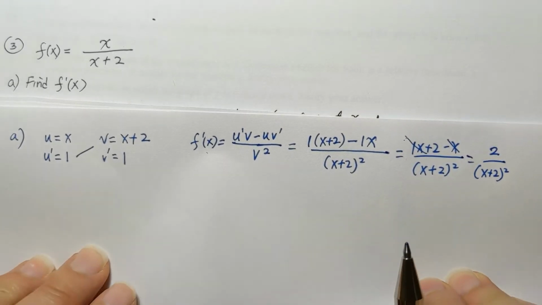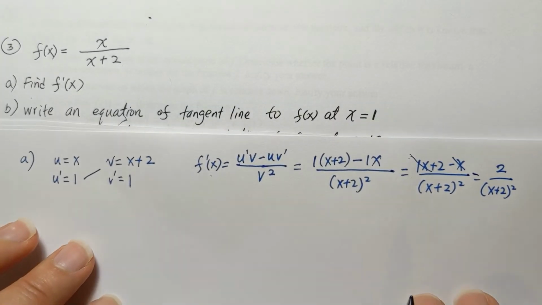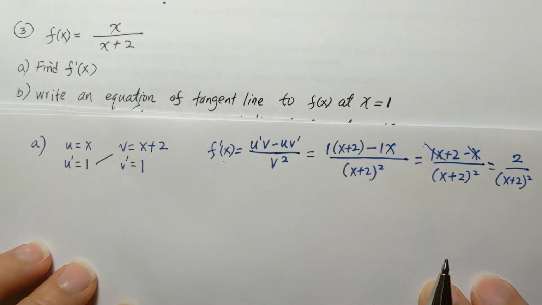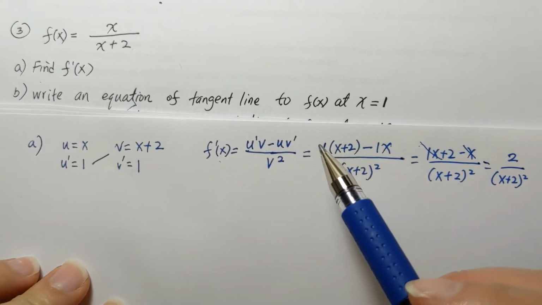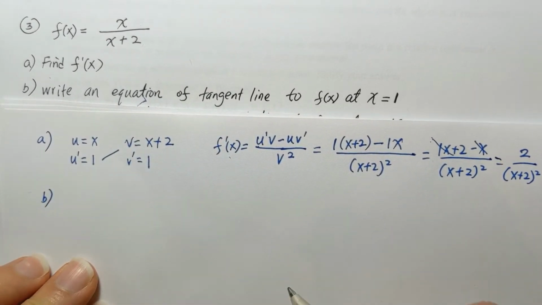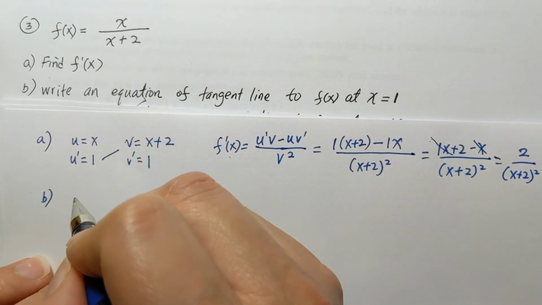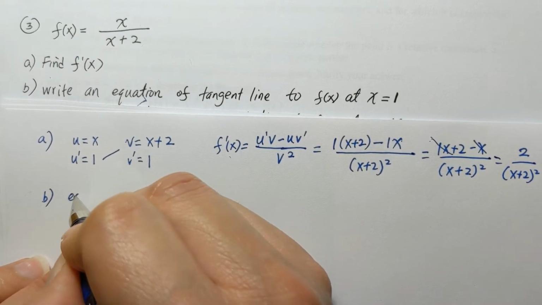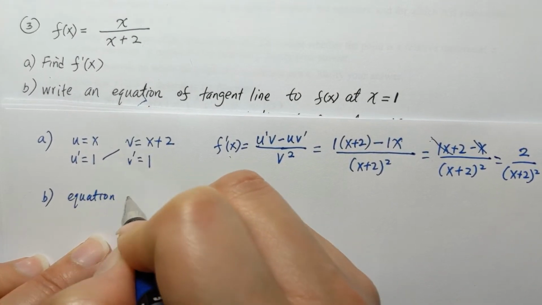Now let's take a look at part B. Part B: write an equation of the tangent line to f of x at x equal to 1. The equation of a tangent line tells us you have to use y equal to mx plus b.